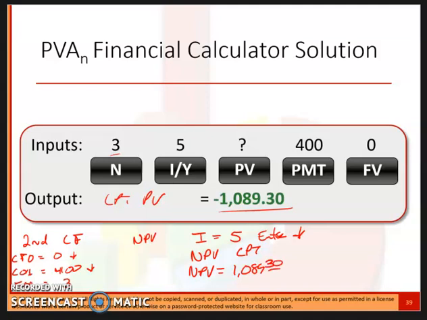It's not negative because the logic for the NPV function is different than the time value of money. But I encourage you to try that.